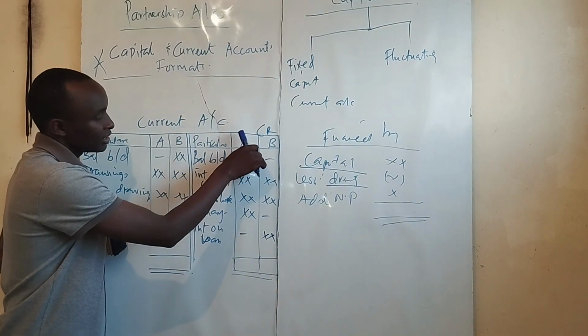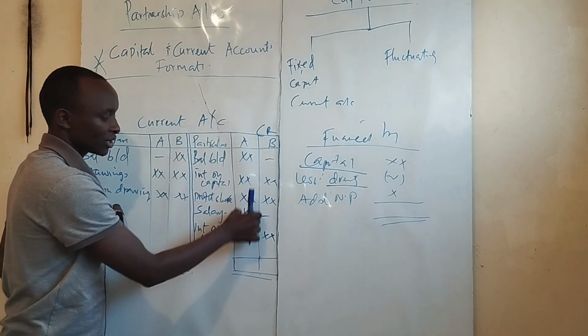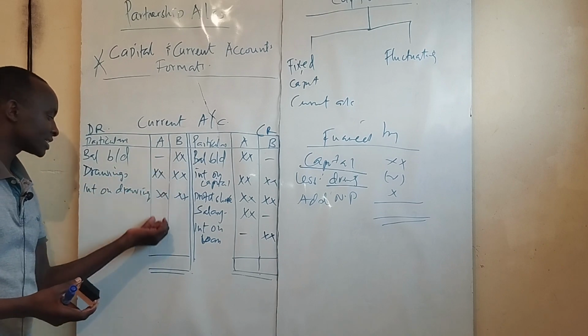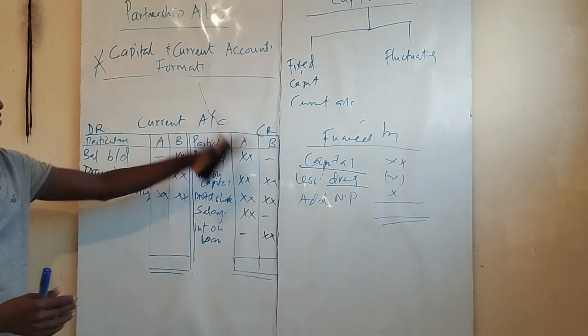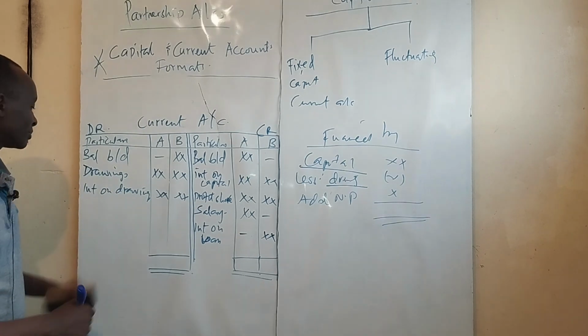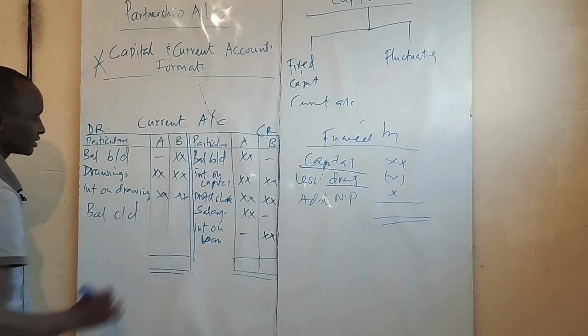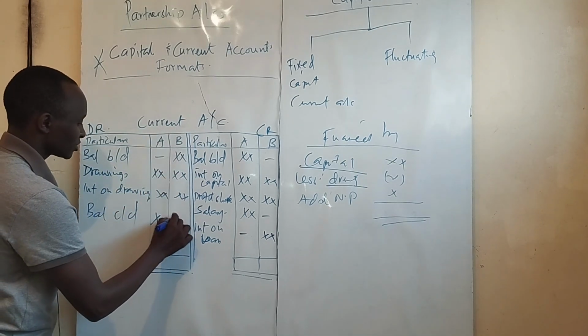You add all the figures here in partner A's column, and you balance with the same partner's column on the debit side, whichever side is heavier. The same case applies to partner B. In most cases, the balance carried down for partners' current accounts normally comes on the debit side.